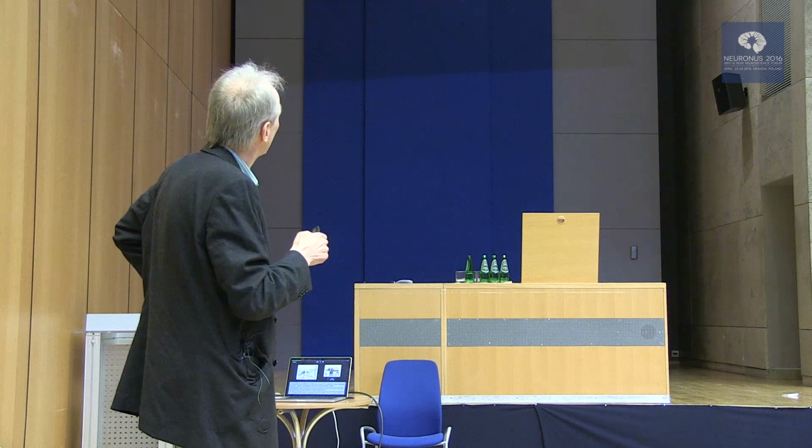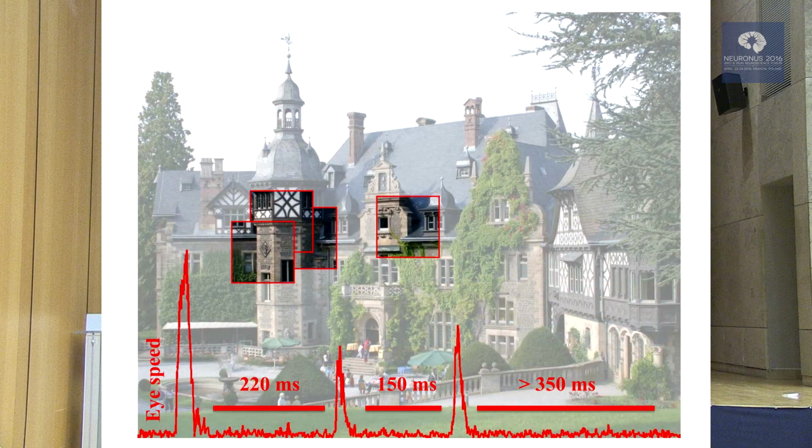But just to illustrate these 3 tasks again, when the observer fixates here and then makes a large saccade over here and then 2 small saccades, you can see the speed of the eye movement across 1 second here, and you can see the speed during the saccade is very high and we're functionally blind during these saccades, but the fixations in between can be as short as 150 milliseconds.